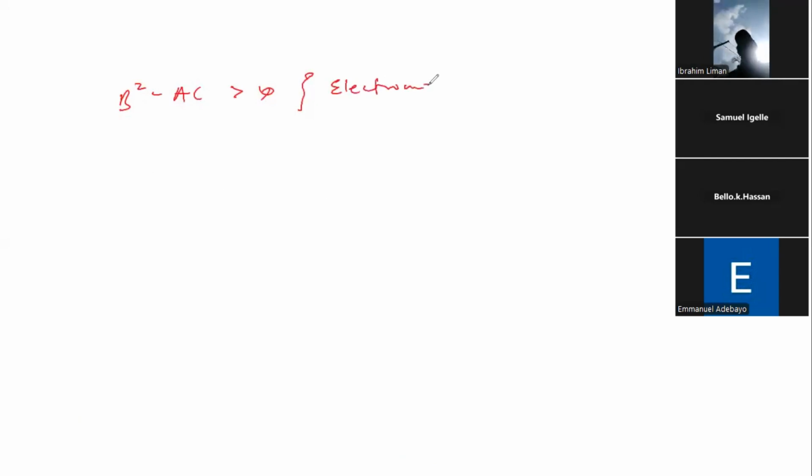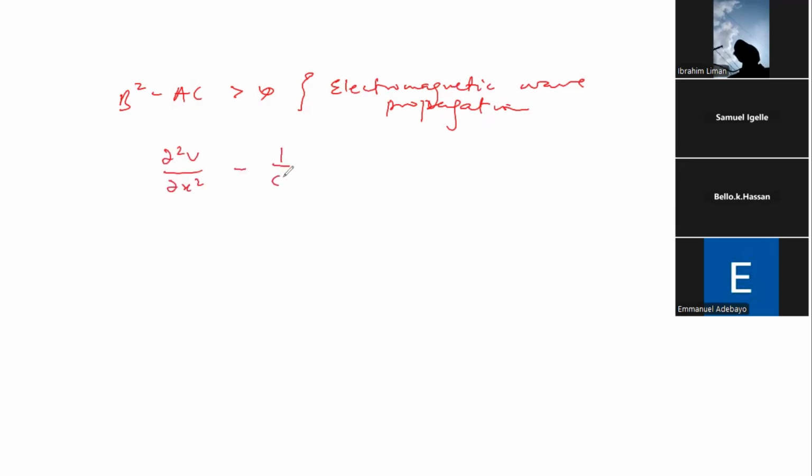So let us take the hyperbolic case, b squared minus ac being greater than 0. In this case, let us consider electromagnetic wave propagation. Now, you know so well that the wave equation is ∂²V/∂x² minus 1 over c squared ∂²V/∂t² equal to 0. So you now see that we have the spatial component x and the time component t.